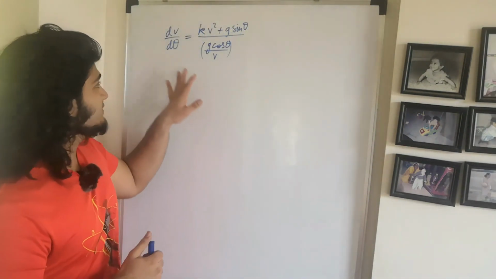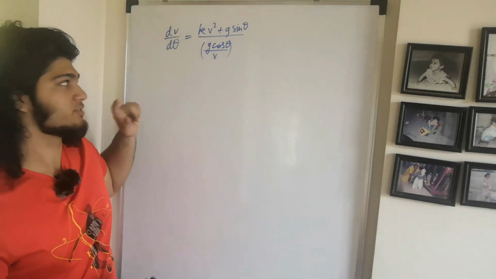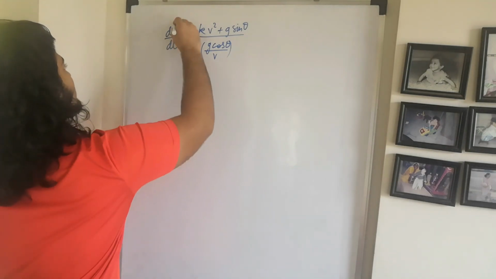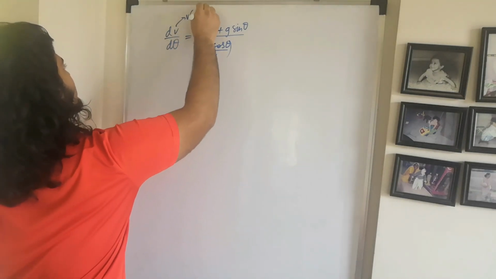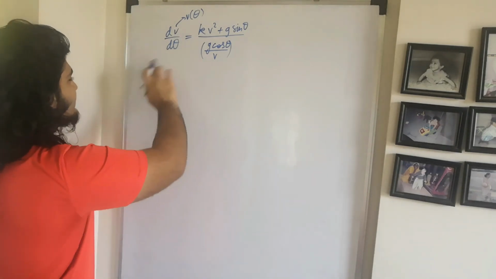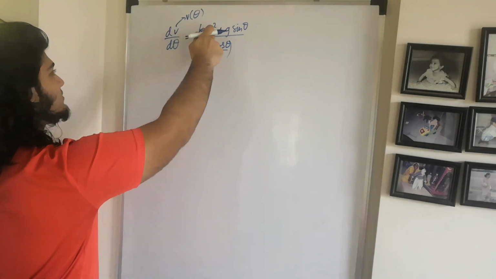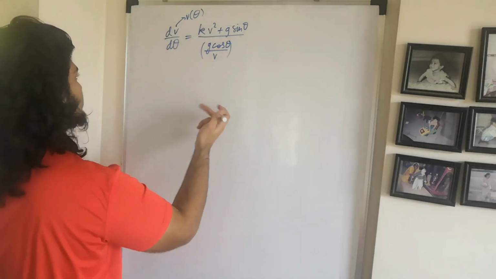Okay, so finally we have an equation with one function and one variable. Now we are looking at v as a function of theta instead of t, and we've just forgotten about the variable t. So theta is a variable and v is a function of that variable, and now we have a differential equation for v in terms of theta.